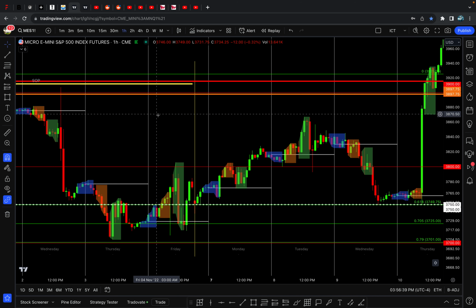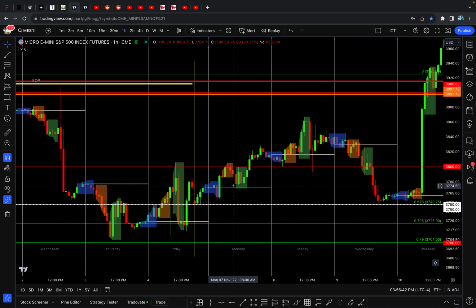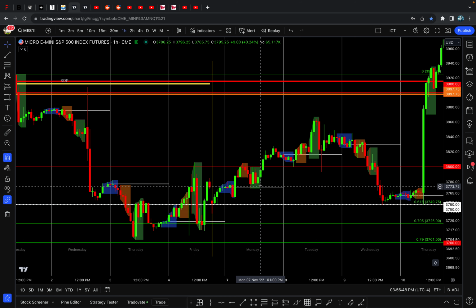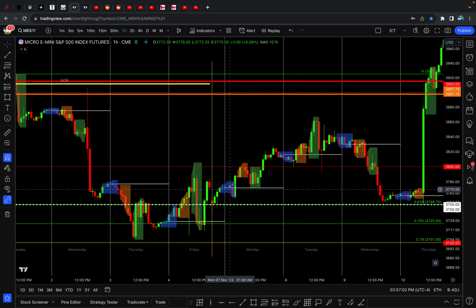I don't know if you can see it on the hourly all the time, but it really is almost like a jigsaw pattern before it takes off. Usually, I was noticing, it's like 1, 2, 3, 4, boom, right?